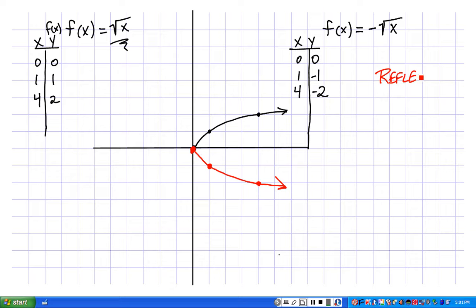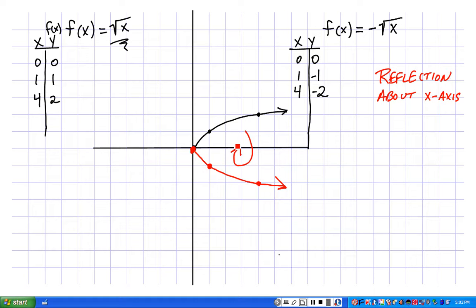Reflection, and in this case a reflection about the x-axis. Alright, so in other words, what happens is it looks like you take the parent graph and you just rotate it around the x-axis.